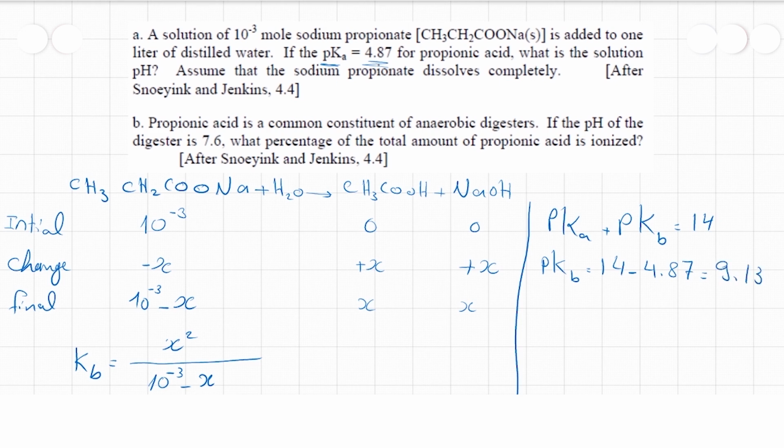So this is the value of pKb. We need the value of Kb, which is equal to 10 to the power minus pKb, which is equal to 10 to the power minus 9.13, equal to 7.4 multiplied by 10 to the power minus 10.